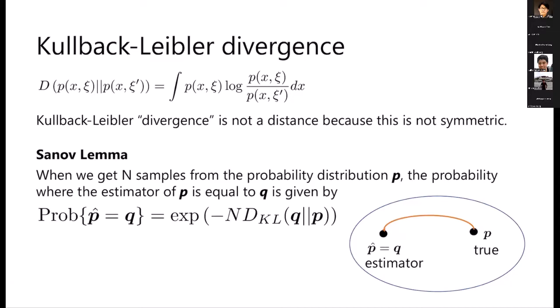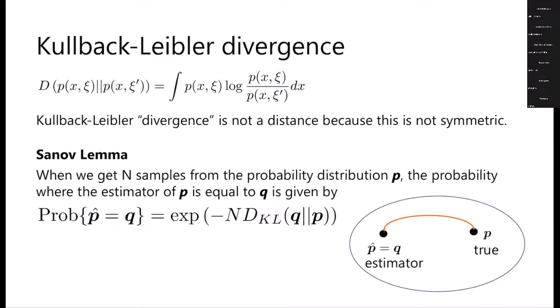This theorem says that when we get n samples from the probability distribution p, the probability that the estimator of p is equal to q is given by this. So if the KL divergence between P and Q is large, then this probability decreases exponentially. So this KL divergence can be considered as some measure of separation between P and Q.